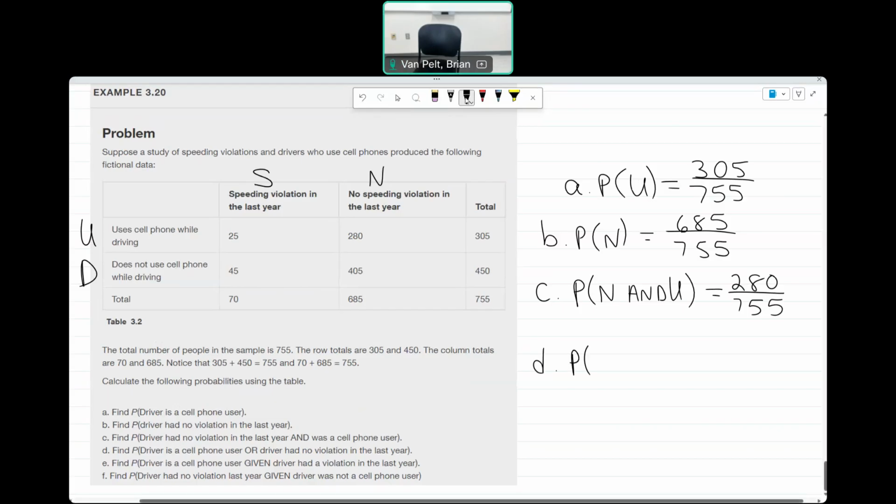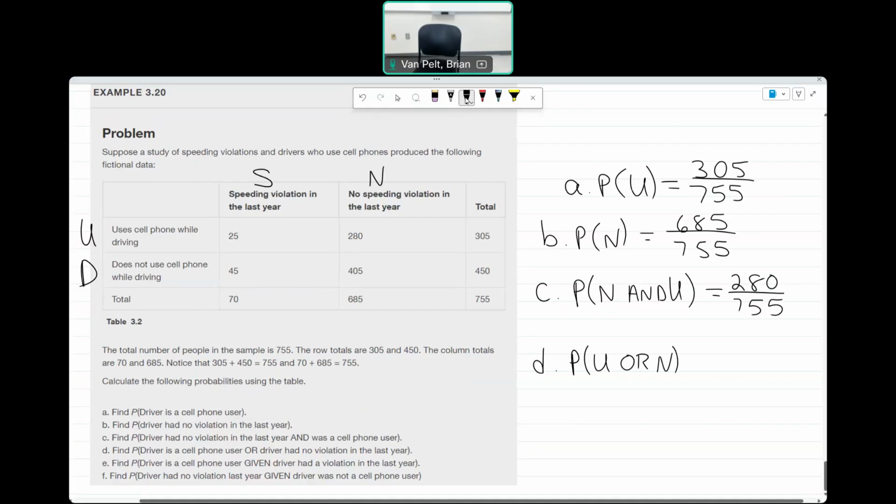Let's see, the next one is an OR problem. That is, a driver is a U or N. Once again, we'll use the formula.